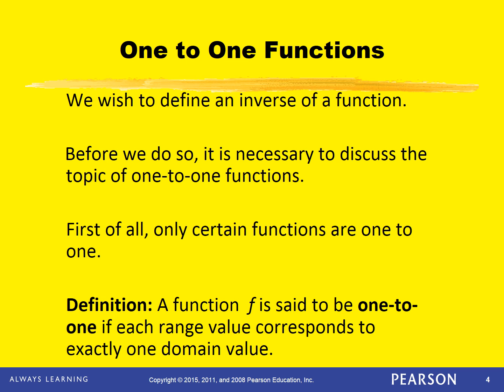A function f is said to be one-to-one if each range value corresponds to exactly one domain value. Now that reminds us of a definition, doesn't it? We've seen something like that before. The words exactly one were very important, and that definition had a rhythm like this and some of the same words. And that definition was the definition of function itself.